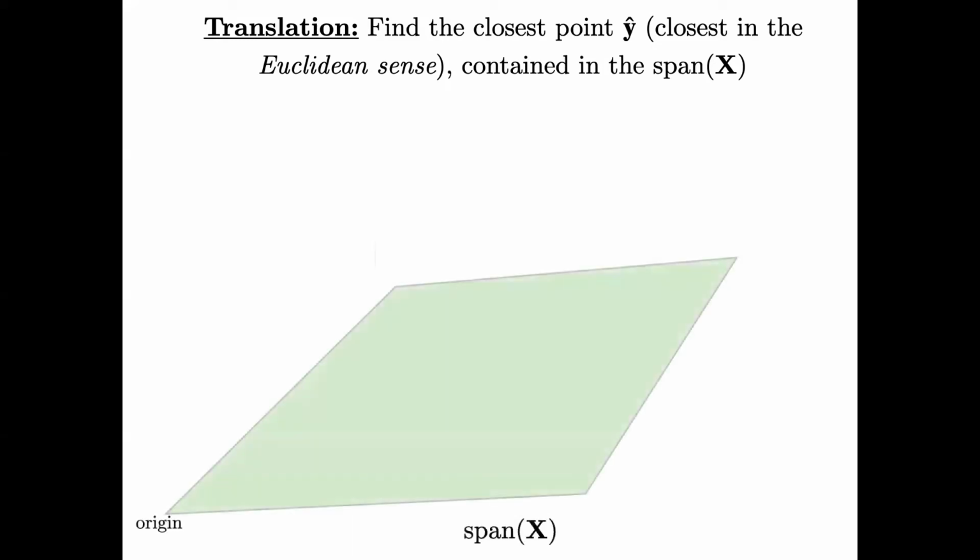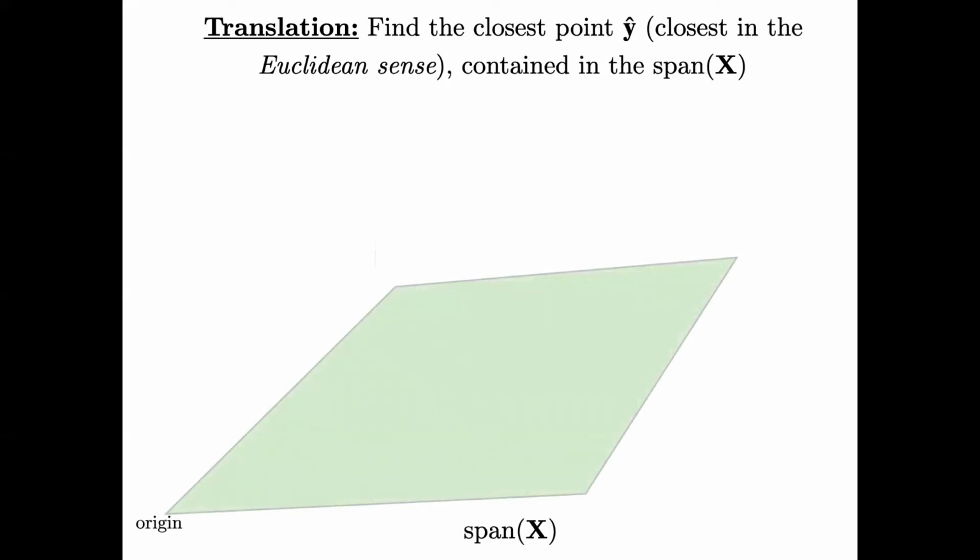Well, let's consider this geometrically for a second. Now, the span of X, I'm not sure exactly what that looks like because I have p variables, and so that design matrix X has p plus 1 columns. But I do know that when I take the span of a set of vectors, I get a subspace.